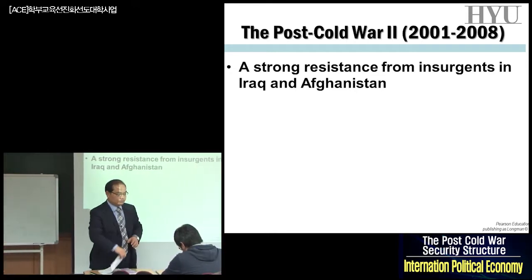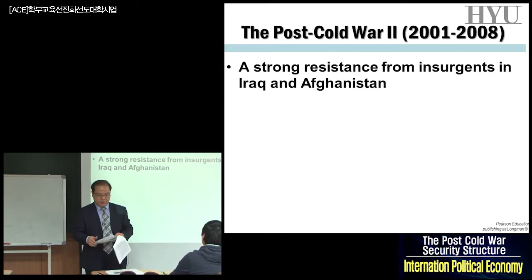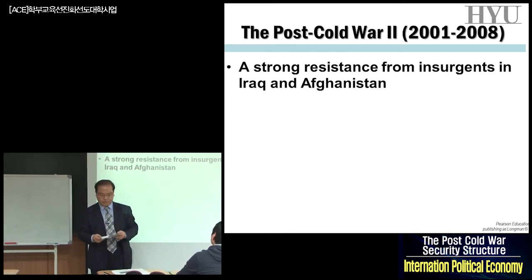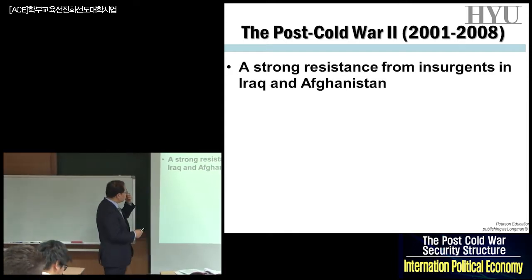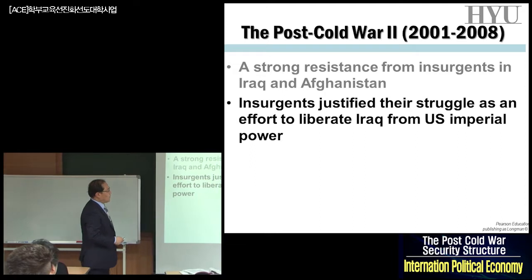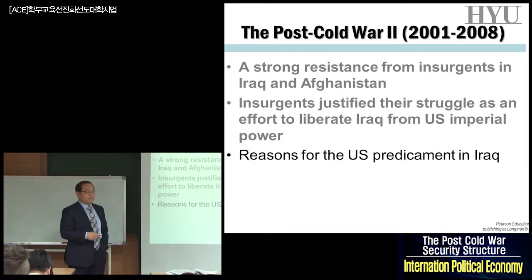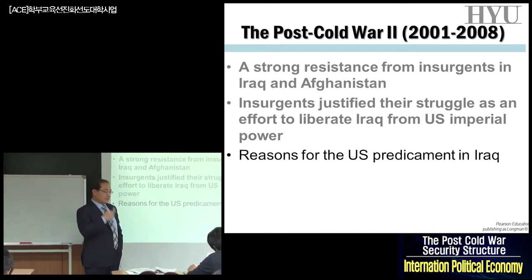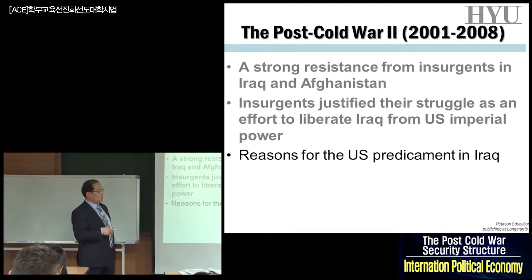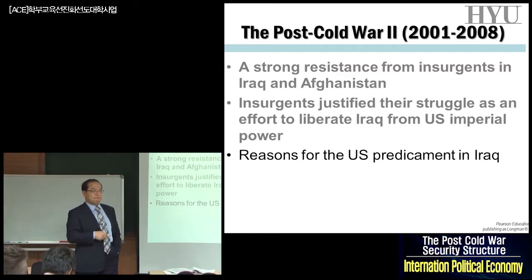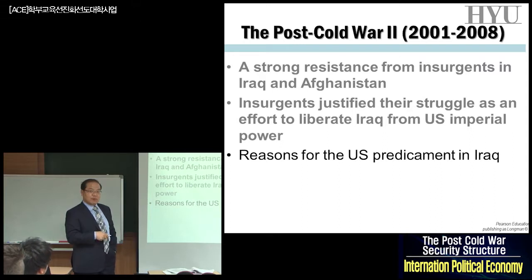Now, there are some important things here, page 246. The last paragraph gives reasons for why America was so-called bogged down in Iraq.